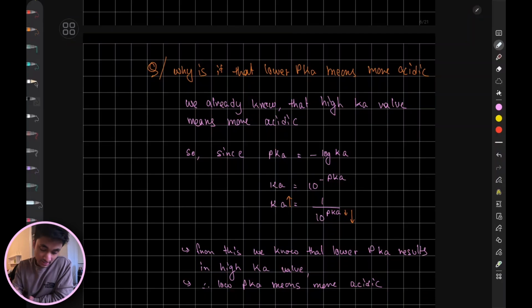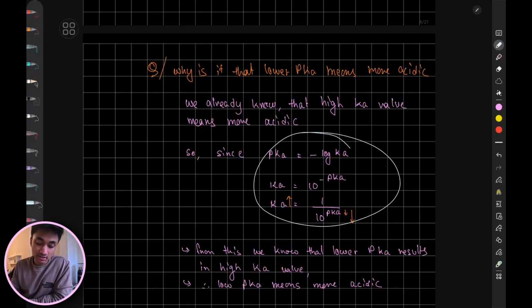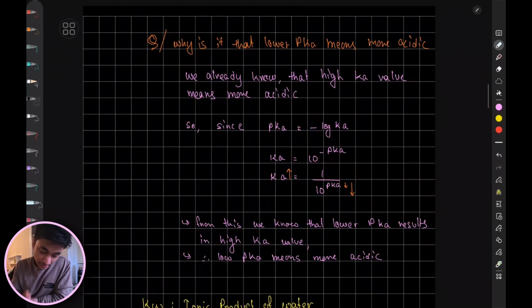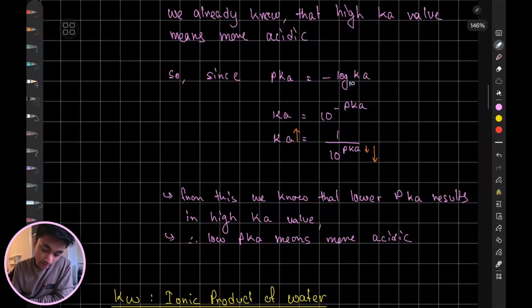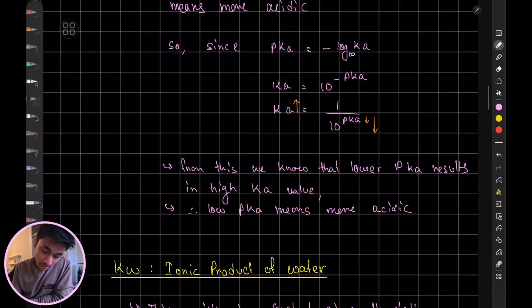Okay, so let's see. We can also prove it mathematically. pKa is equal to minus log base 10 of Ka, so when you make Ka the subject, you're basically raising this to the power of 10. So Ka is 10 to the power of minus pKa, which you can break down as 1 by 10 to the power pKa.